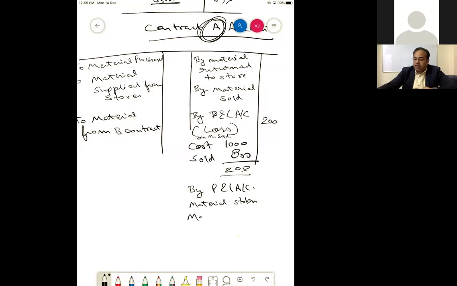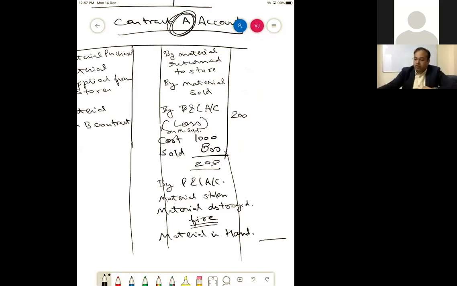Similarly, if any material is destroyed, that thing also you can show in your PL account, that is "by material destroyed". It can be destroyed by fire or any contingency that takes place, you write it down there. And if any balance is there, then you show it over here, that material in hand is this one. So in this way, you show your materials.